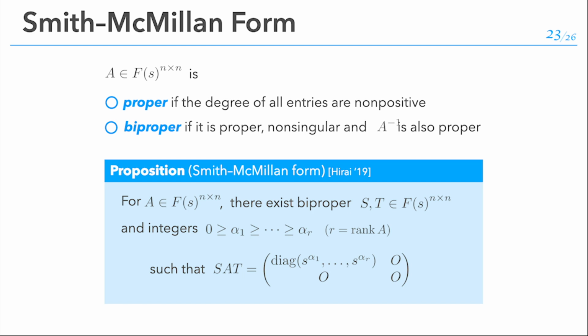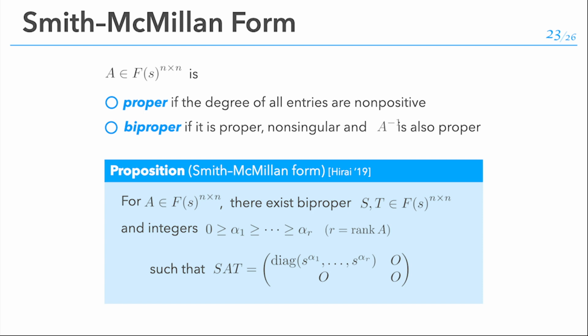Then it can be shown that for any matrix A over F of s, there exist biproper matrices S and T and non-positive integers alpha 1 to alpha r, where r is the rank of A, such that SAT is a diagonal matrix whose diagonal entries are s to the alpha 1 to s to the alpha r.